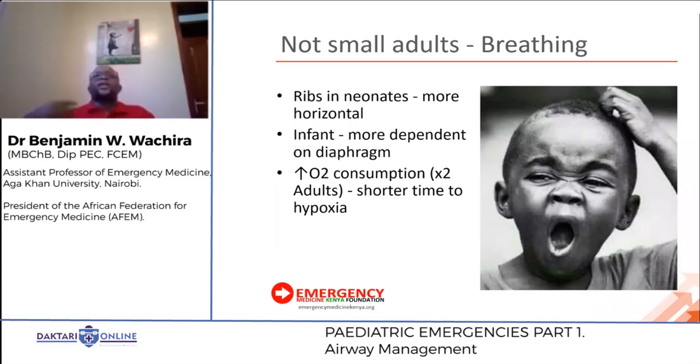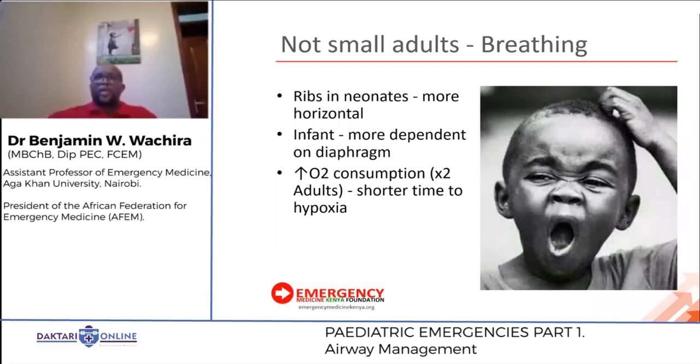In a normal adult, it will take a minute or two before your sats turn off. You'll see your sats come down from 98 to maybe 95, 90. A child will quickly move from a sats of 99% to a sats of 40%, not necessarily in a flash, but in a much more rapid time frame because of that increased consumption of oxygen.